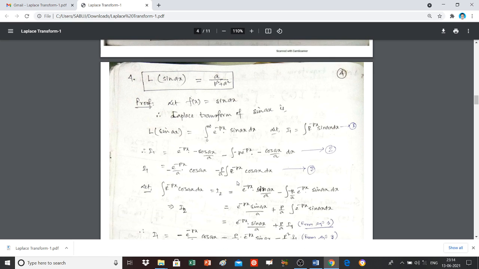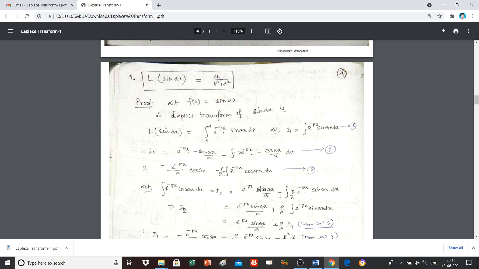Now we have to compute the value of this integral. So let us consider that this part is equal to I2. We carry out the same methodology as used in this case. First e to the minus px is here, then integrate cos ax, that will give you sin ax by a.